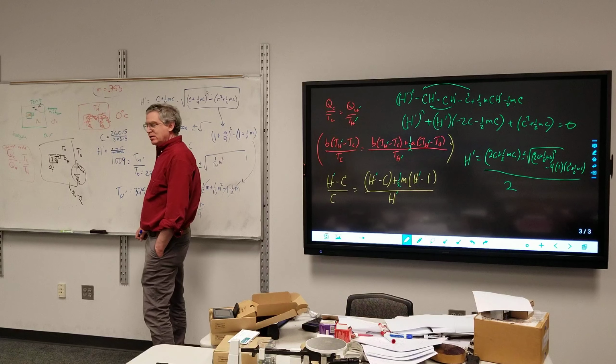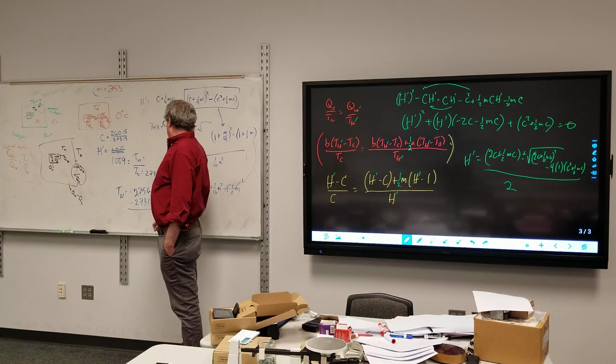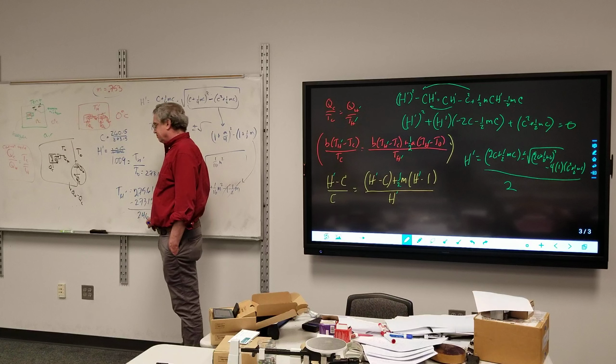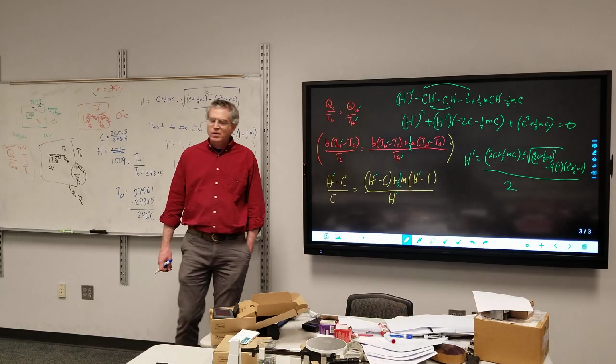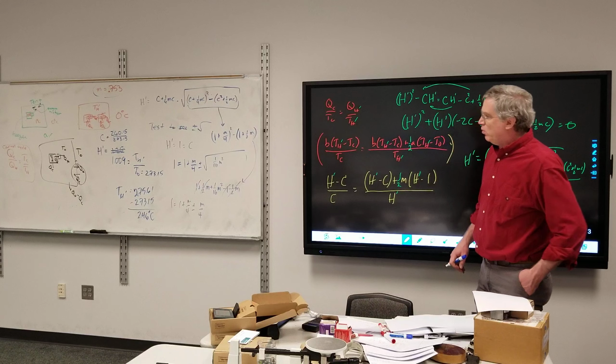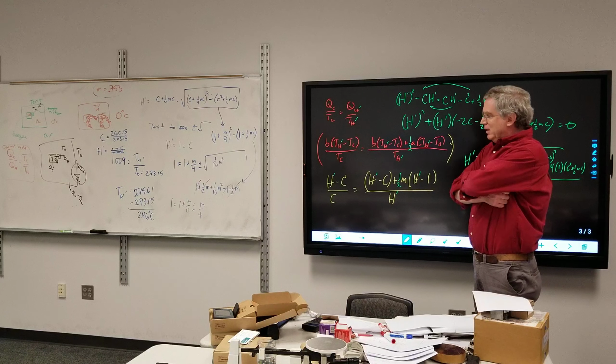Yeah, 275. That makes more sense. And then minus 273.15. 2.46 degrees Celsius. So we can take it from a balmy 1 degree Celsius up to a sweltering 2.46 degrees Celsius.